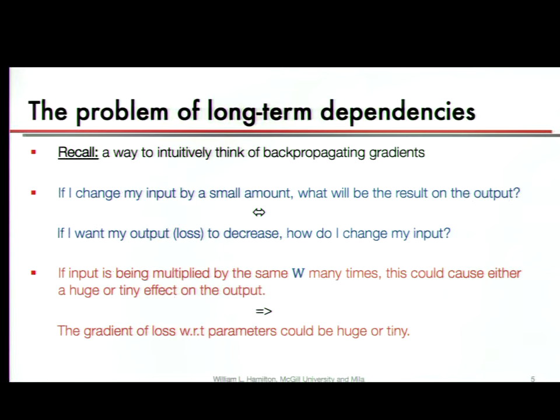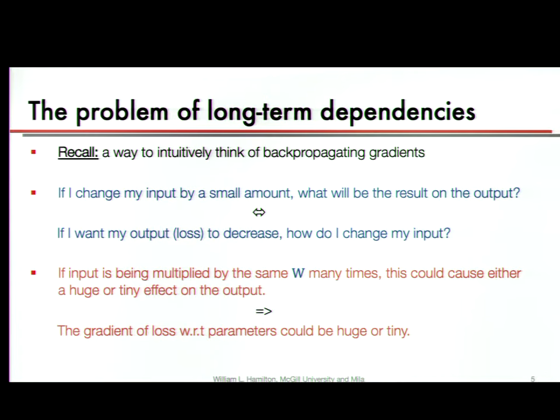Now this is in the context of just scalars, but it's also important to think about this in terms of the way that backpropagation works and the way that these recurrent neural networks are optimized. Remember in our backpropagation lecture, what we're computing when we're doing backprop or stochastic gradient descent is: if I change my input by a small amount, how does that change my output?